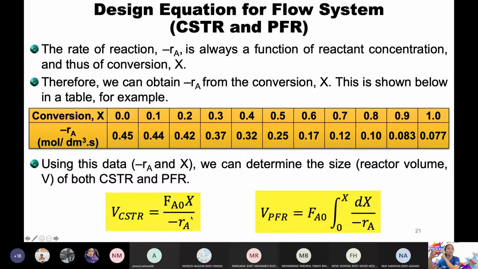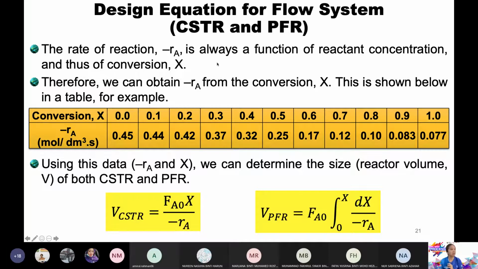Let's say daripada table ni, katakan conversion dia 50% ataupun 0.5, minus RA dia 0.25. Okay, so minus RA dengan conversion is related to one another, means different conversion, different minus RA.